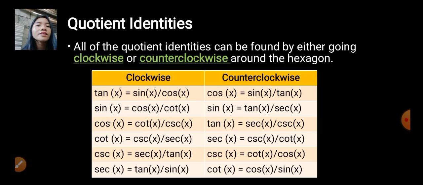So, for quotient identities, all of the quotient identities can be found by either going clockwise or counterclockwise around the hexagon.